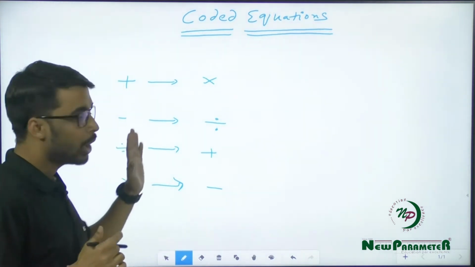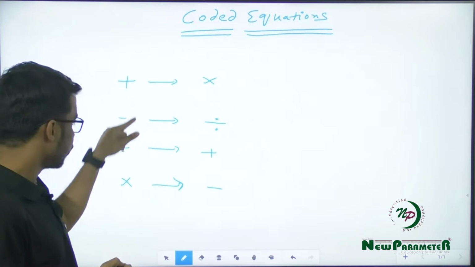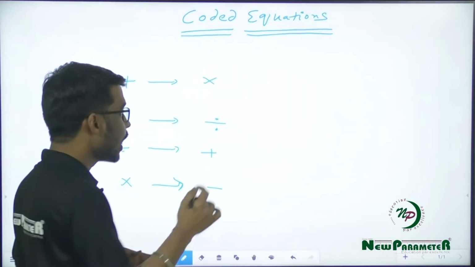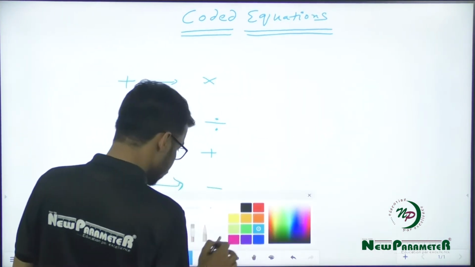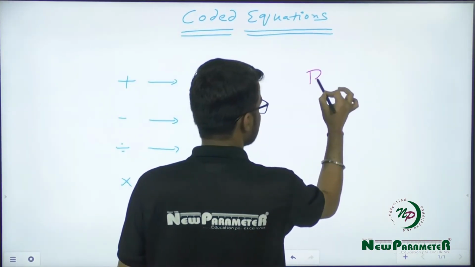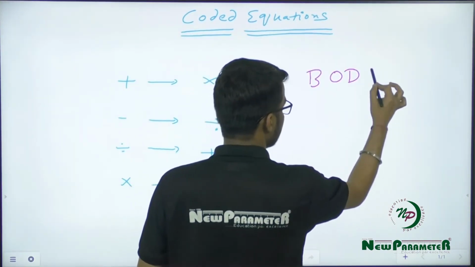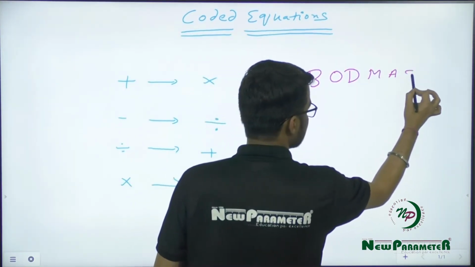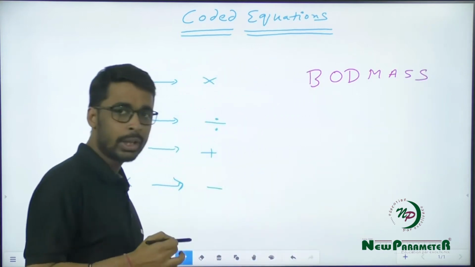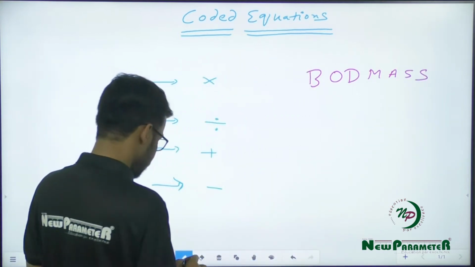Now every time you have to convert your equation according to these instructions, and you have to follow a rule called BODMAS. You have learnt this rule in your school time, right? What is BODMAS?